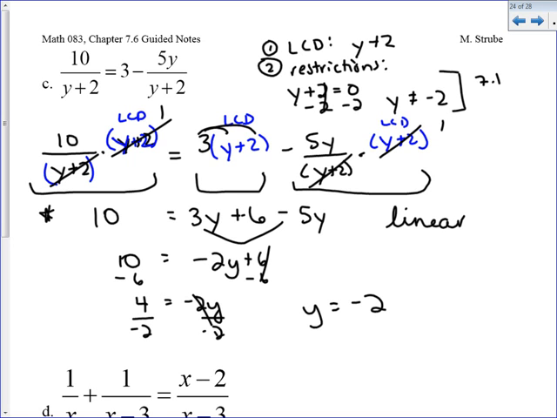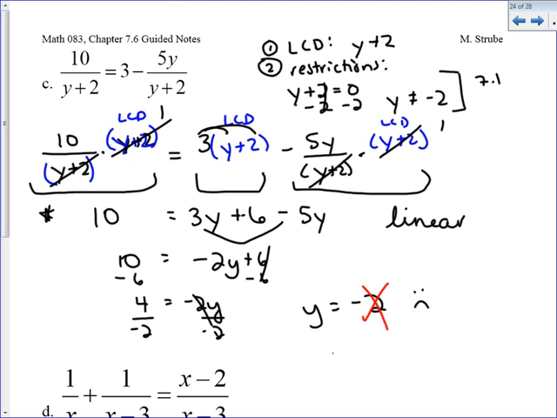Should we box that in? No, why not? It was our restriction. We said at the beginning, y can't be negative 2. Y can't be negative 2 because if I substitute that back in, if I go to try to check this, all I'm going to get is undefined and undefined. So, unfortunately, when I check my restrictions, this doesn't work.